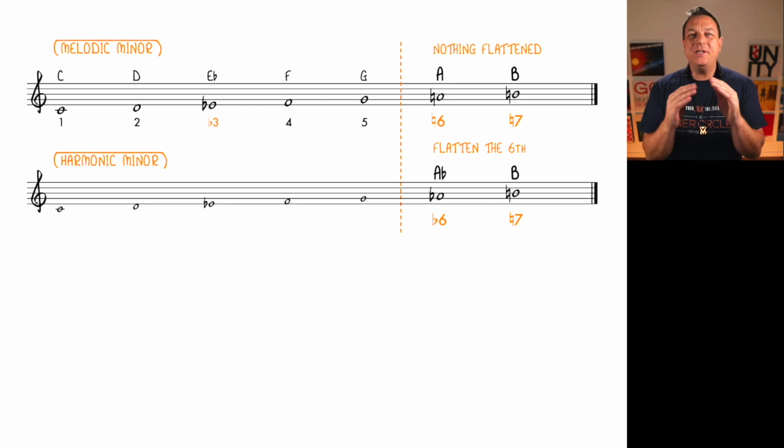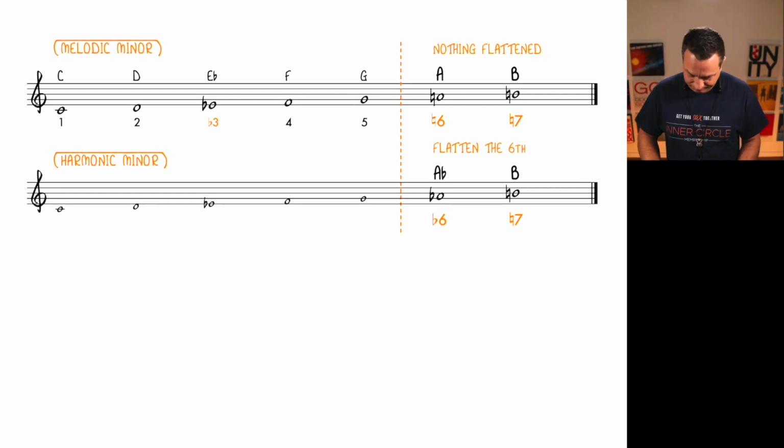Now that gives it, because there's a big leap between the flat 6 and the natural 7, a kind of more Spanish, almost Arabic type sound. So that's quite a different sound from the melodic minor. The harmonic minor sounds like this.